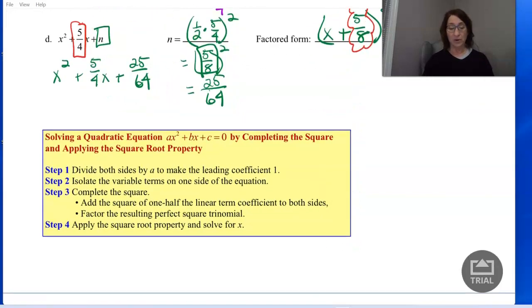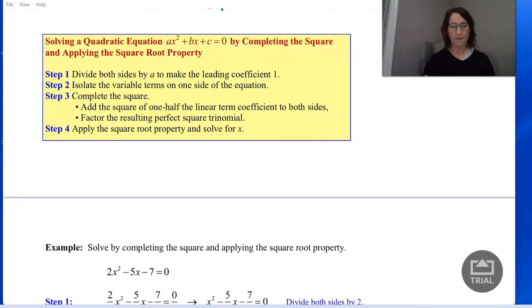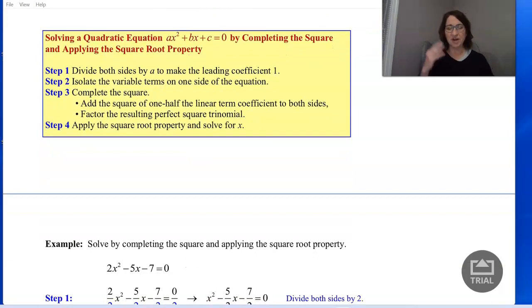All right, so in the yellow box, I have the steps that we need to use in order to solve a quadratic equation using this skill that we just developed, which is completing the square.